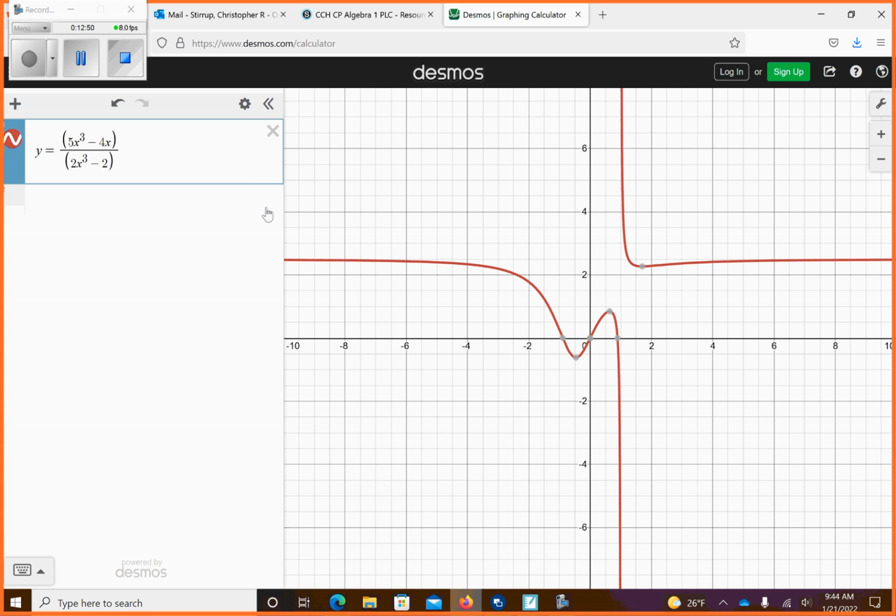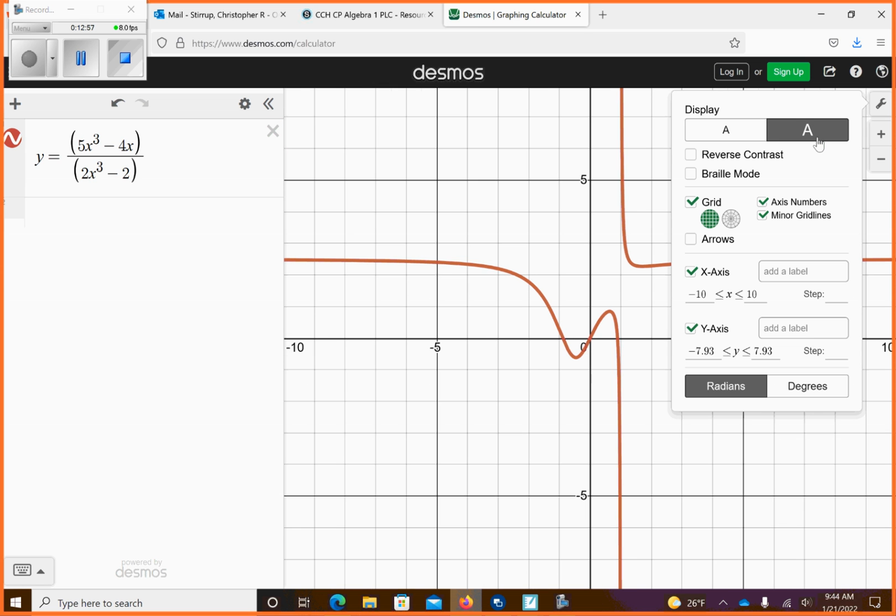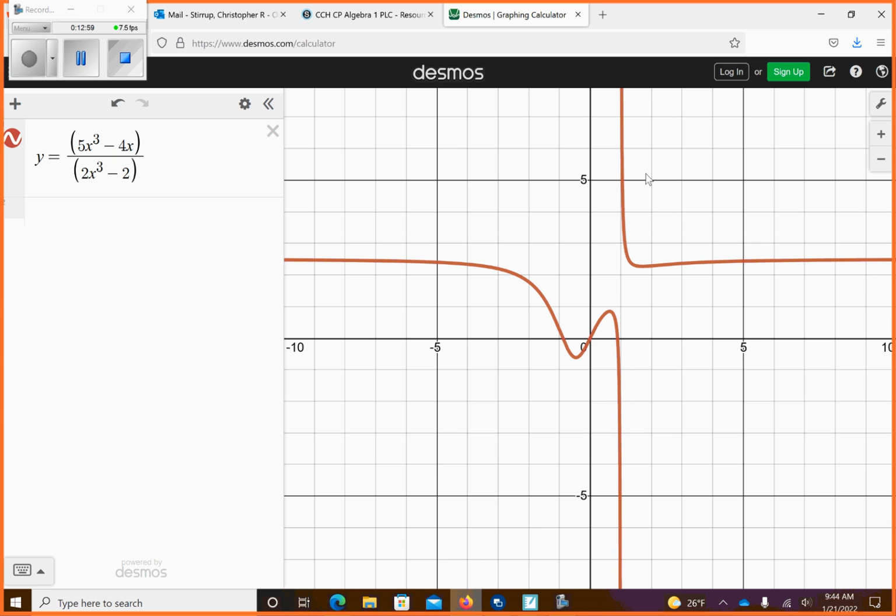Okay, so if we look at our graph, let's make it bolder. You're seeing everything that's really going to take place with this graph.